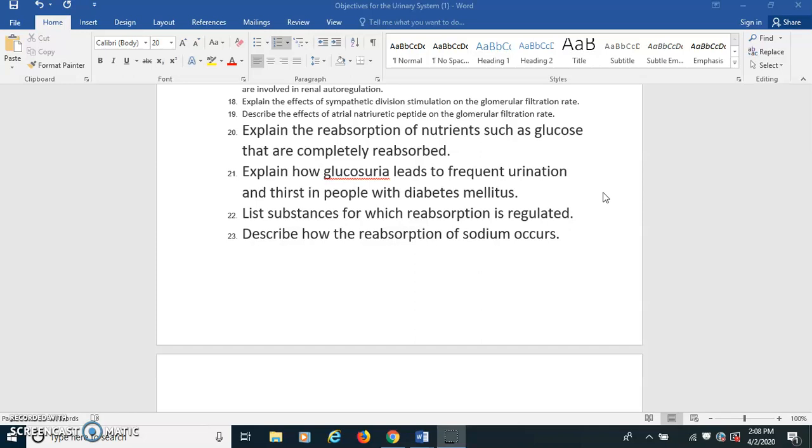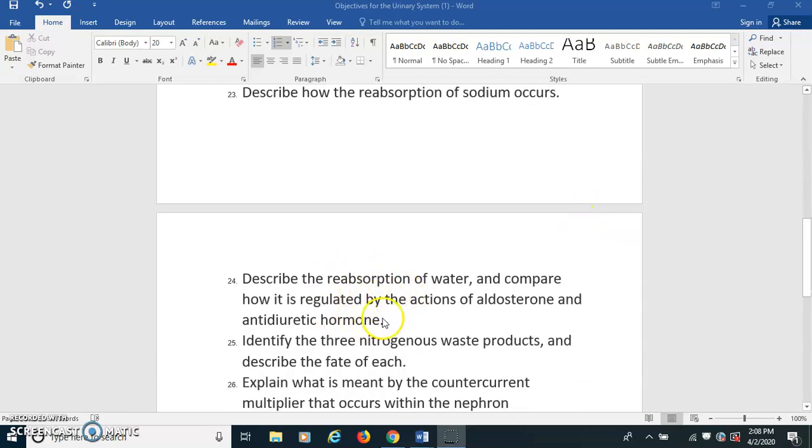So we're going to focus on those first, and then we'll go on to some substances whose reabsorption is regulated, so not all of it's going to be reabsorbed, but varying amounts will, depending on what the body needs. And then we'll end with the waste products and how they get into the urine, and we'll talk about that process too.